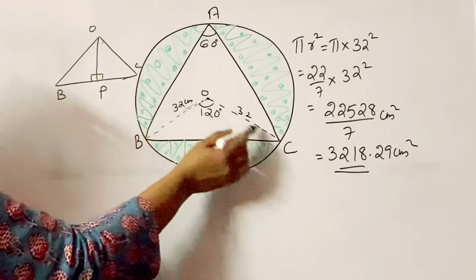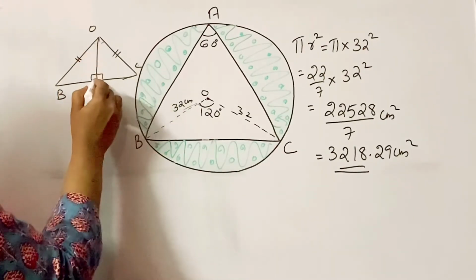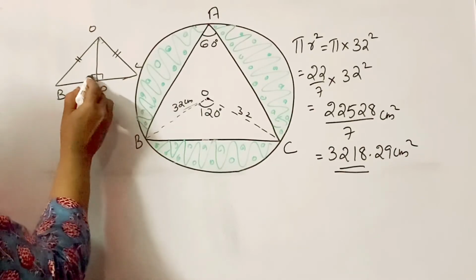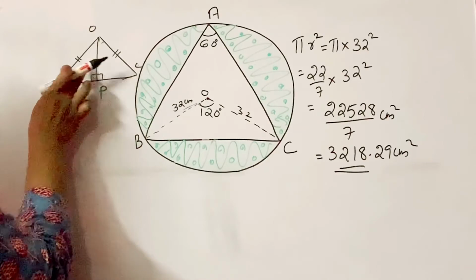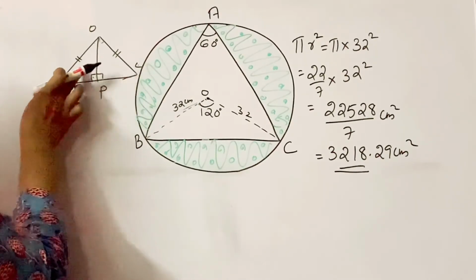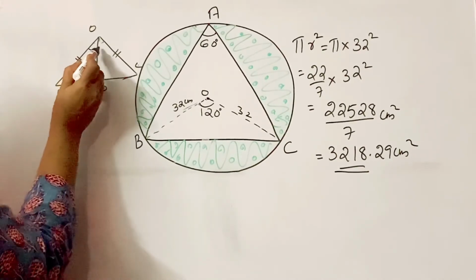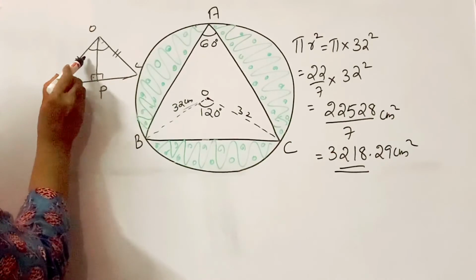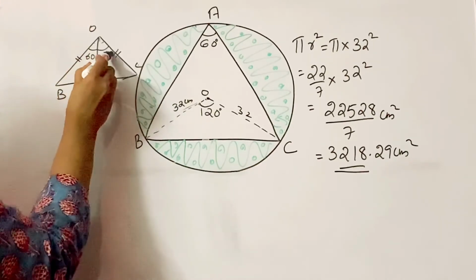These two sides are equal, and OP is a common side, and these two angles are 90 degrees. So by RHS rule, these two triangles are congruent. Therefore, these two angles are equal by CPCT. That means each angle is 60 degrees.